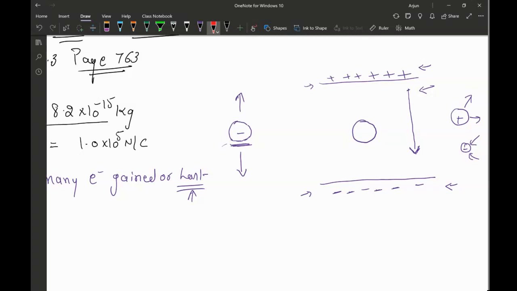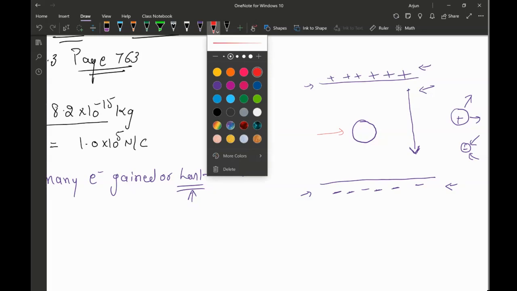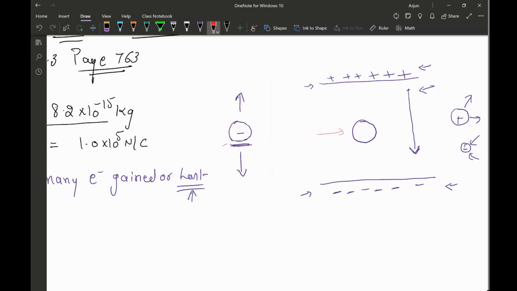Now, I want to find whether this oil droplet is positive or negative. So I will try and balance out the forces. Gravitational force will always act in the downward direction. So gravity is always trying to move it downward. And it is given that the oil droplet is suspended in air.